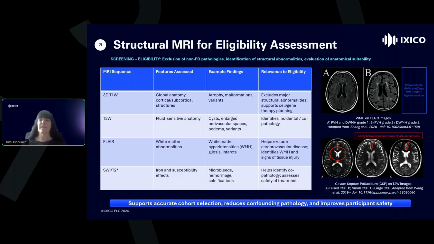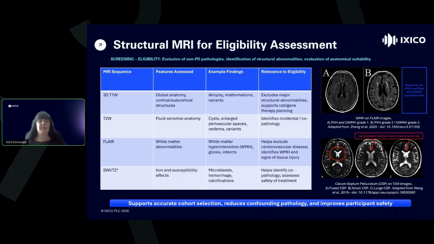So, structural MRI is a key part of eligibility assessment. For example, MRI can identify vascular co-pathology, where more severe periventricular white matter or deep white matter hyperintensities, such as those you can see in image B of the top right picture of brain scans, have been shown to be associated with non-motor symptoms in Parkinson's, including apathy, worse attention, working memory, and also processing speed.